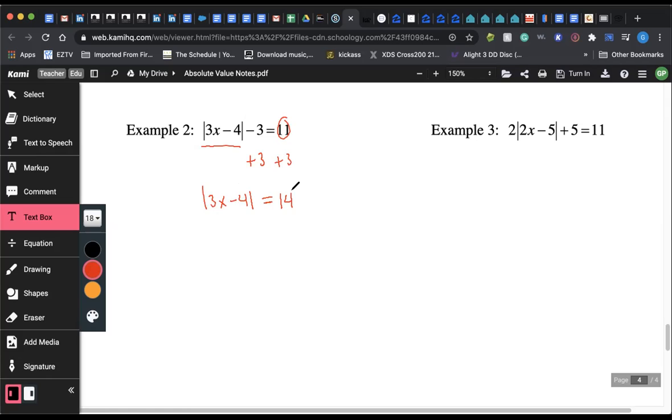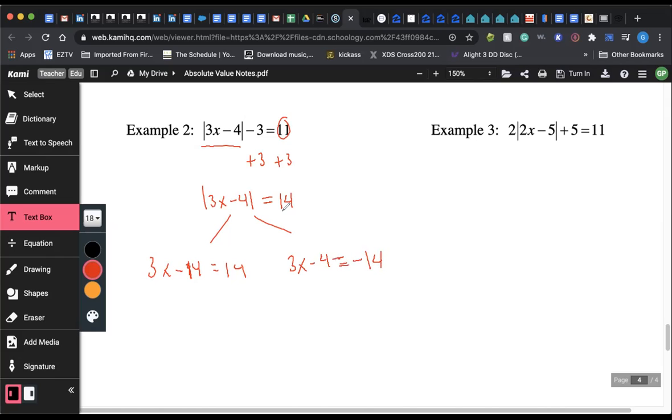Now I know that I can proceed and I will have 2 answers. And because I know I have 2 answers, what I need to do is split this into 3x minus 4 is equal to 14, and 3x minus 4 is equal to negative 14.